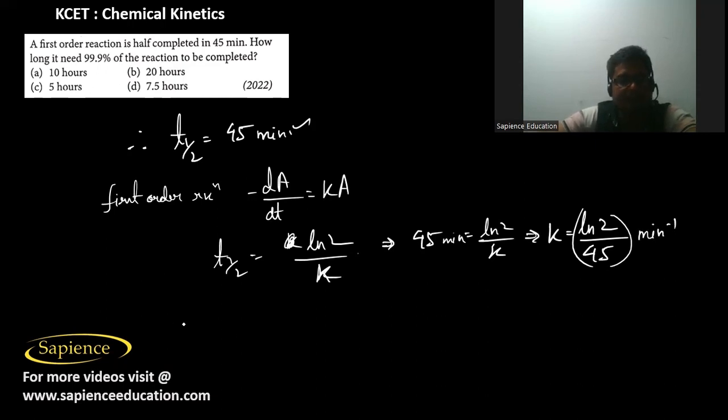Now how long will it take for 99.9% of the reaction to be completed? So it means 0.1% is remaining. So if we solve it, we get A equals A naught e power minus kt, where A naught is the initial concentration of A.